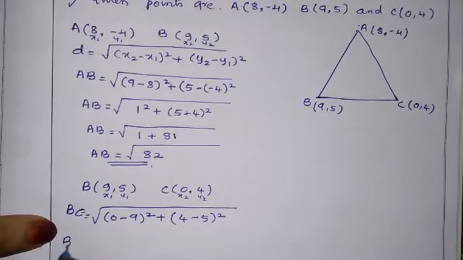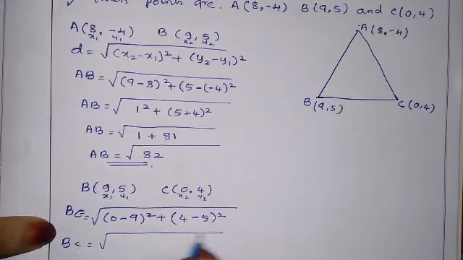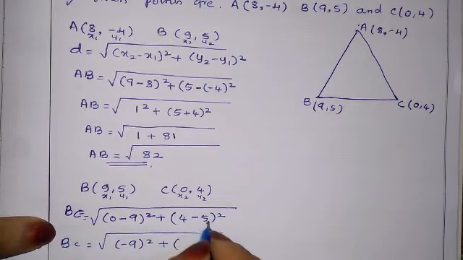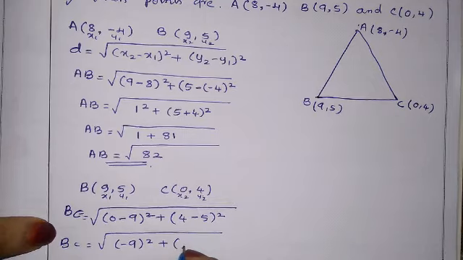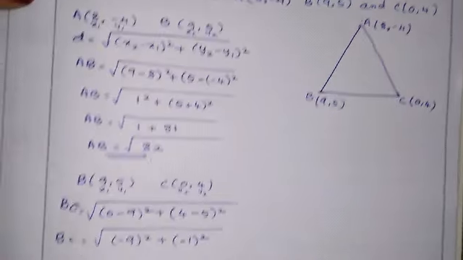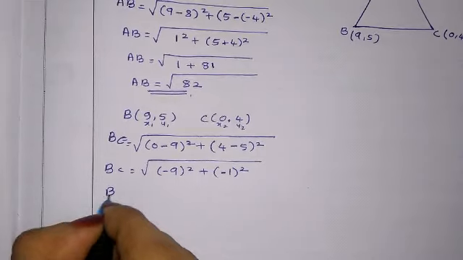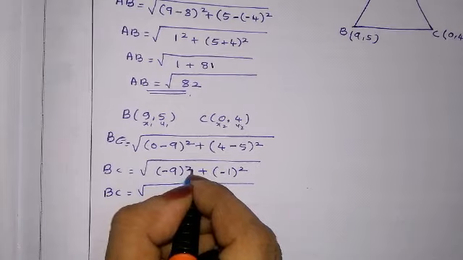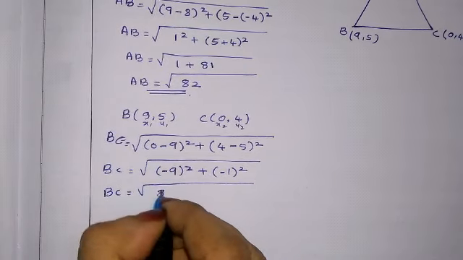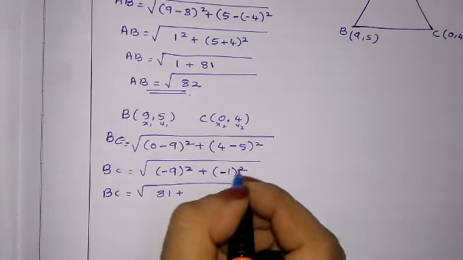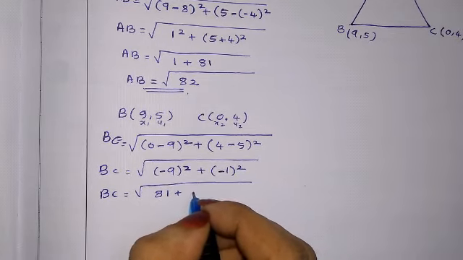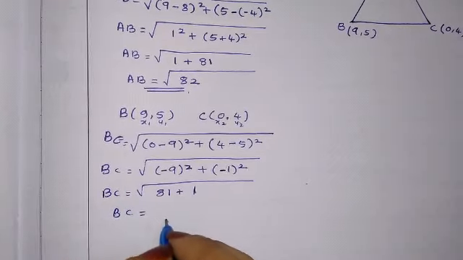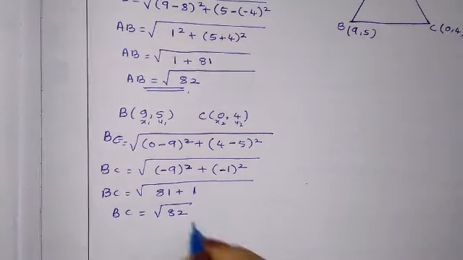BC is equal to root of (0 minus 9, which is minus 9) whole square plus (4 minus 5, which is minus 1) whole square. The negative sign goes away when squared. 9 square is 81 plus (minus 1) square is only 1. So BC is equal to root of 81 plus 1, which is 82.